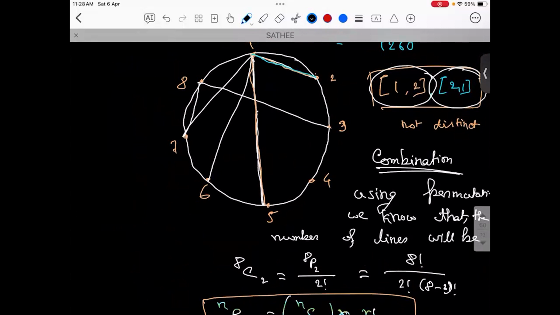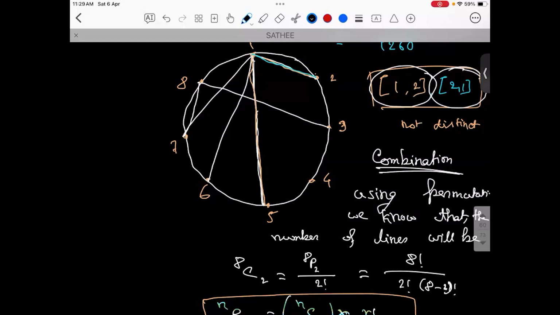By the example, we understood that a straight line joining 1 and 5, or a straight line joining 1 and 2, or 2 and 1, these are not two distinct elements. In case of permutation, we consider these two cases as distinct elements, but in case of combination, we don't consider these two cases as distinct elements.